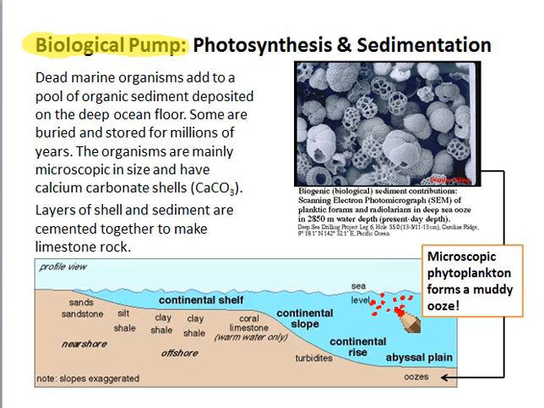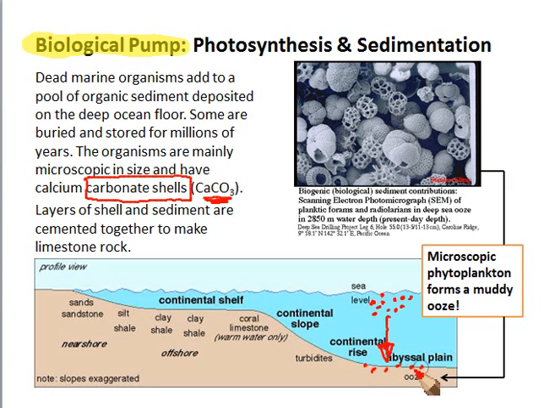But they're not only photosynthesizing. Many of these microscopic organisms build for themselves carbonate shells, so they're removing carbon that's dissolved in the water to make a calcium carbonate shell. Now, not all of these phytoplankton are consumed. They're not all eaten, so some of them will fall to the bottom of the ocean and build up on the seabed.